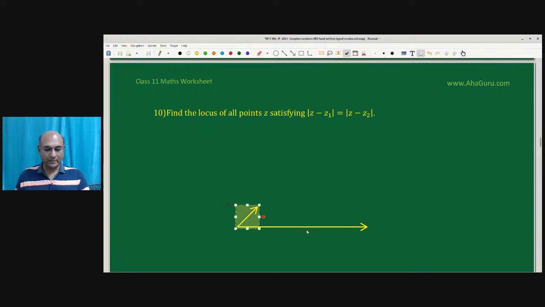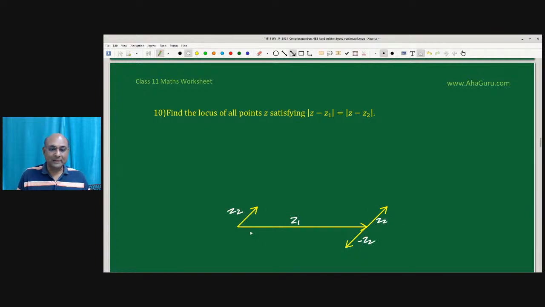So that is Z2, right? I'm drawing it, constructing it and showing directly. So that is going to be Z2. Let us paste it again. But this time, I'm going to flip it around. What is that? Minus Z2. So I've got Z1, Z2, this is Z2, this is minus Z2.